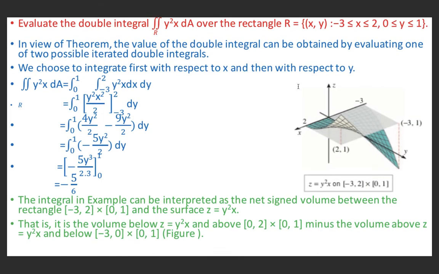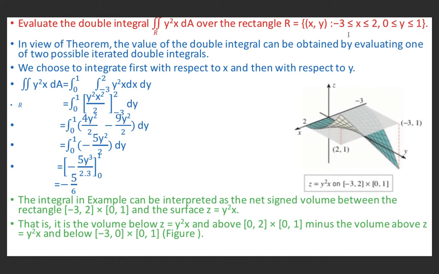Now we will evaluate the double integral of y square x dA over the rectangle minus 3 less than or equal to x less than or equal to 2 and 0 less than or equal to y less than or equal to 1. So this is the rectangle.